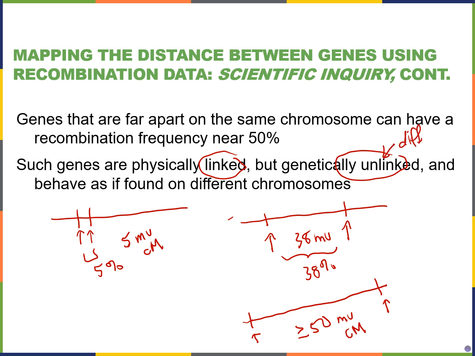So you would get the same recombination frequency that you would get if they were not on the same chromosome. So again, one more time, 2 genes that are 50 map units apart or greater, even though they're on the same chromosome, will behave as if they were unlinked, as if they were on two different chromosomes, and they will assort independently.